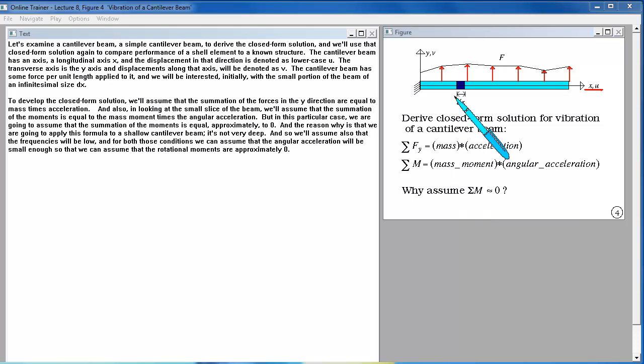The reason is that we're going to apply this formula to a shallow cantilever beam. It's not very deep, and we'll assume also that the frequencies will be low. For both of those conditions, we can assume that the angular acceleration will be small enough that the rotational moments are approximately 0.